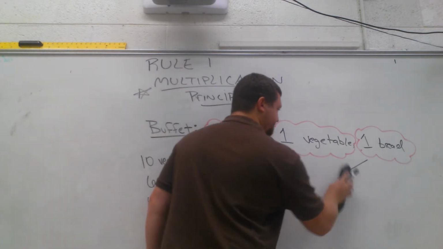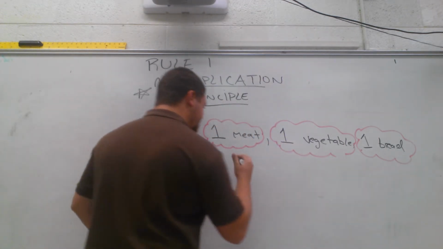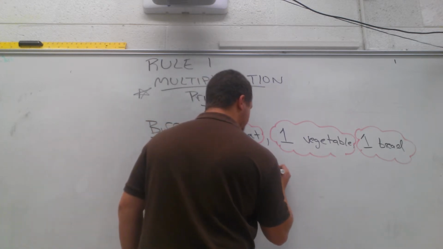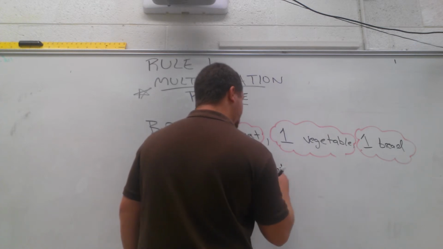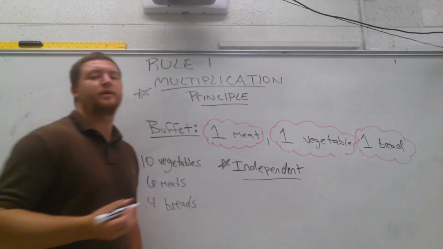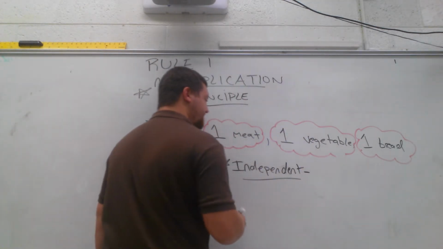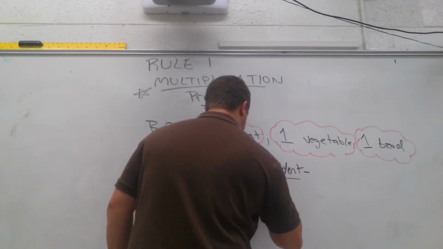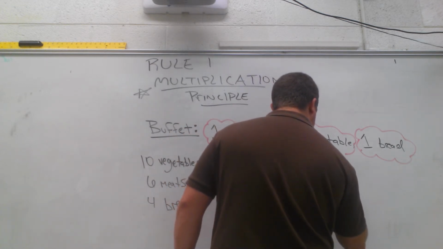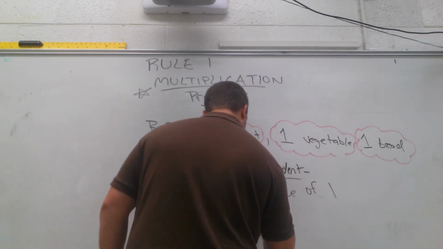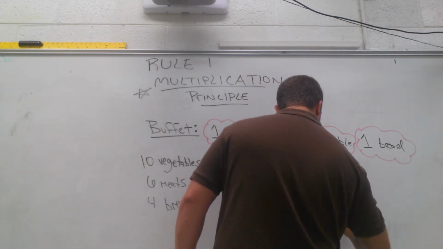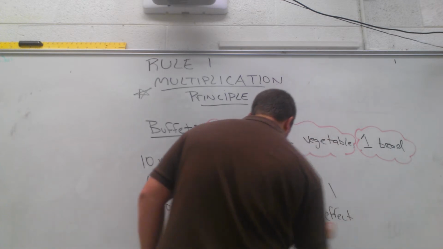So let's talk about what that means. Independent would mean, and this is a very important star, independent. So if it occurs independently, that means that my choice of one option has no effect on my other options.